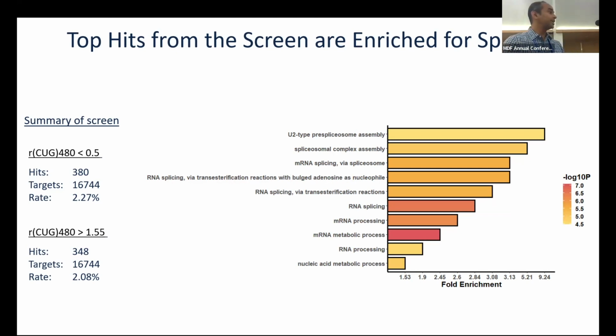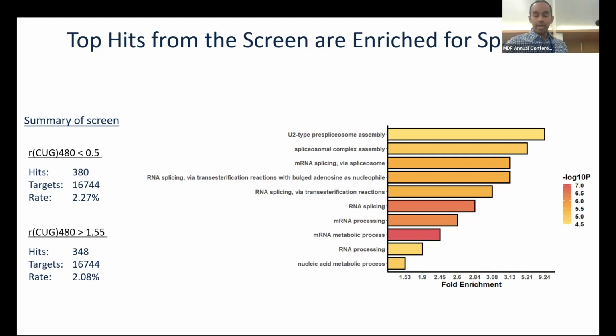What was interesting is when we plugged all our hits into, for example, gene ontology analysis from PantherDB, the hits were generally enriched for splicing. For the top 10 at least, all were splicing related terms. And interestingly, the top 5 were all spliceosome terms.